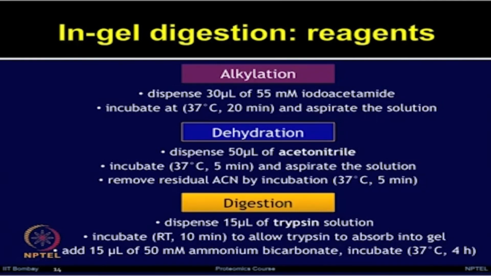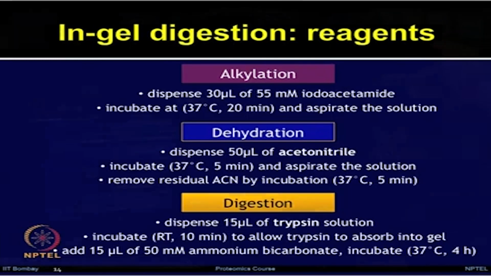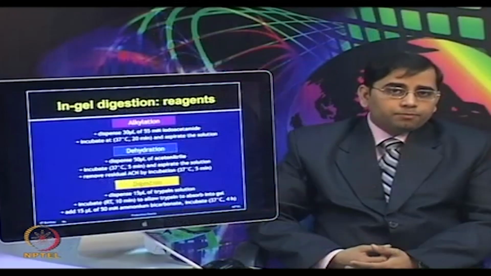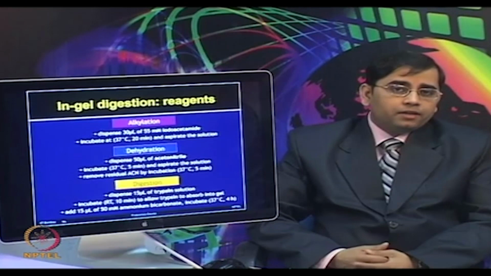The reformation of disulfide bonds may occur, so to prevent that, iodoacetamide, which is an alkylating agent, is used here. Again, you need to do the dehydration step, as the recipe is mentioned in the slide. You can add acetonitrile, and then you are ready to perform the digestion, which is usually done by using trypsin.